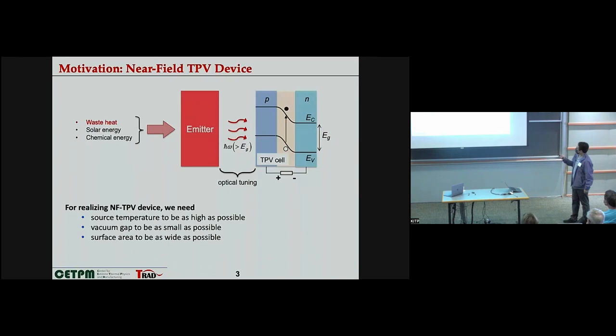To utilize the near field effect, the gap distance should be as small as possible, and to have meaningful power out of this device, the surface area should be as wide as possible. These two are competing factors in realizing the devices. Also, maintaining a high temperature difference between the emitter and the receiver is very challenging.